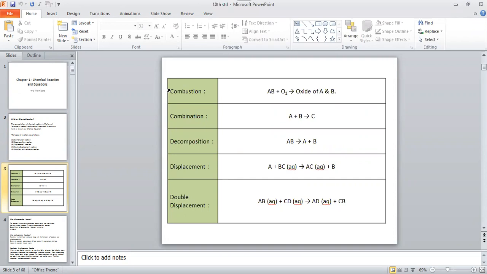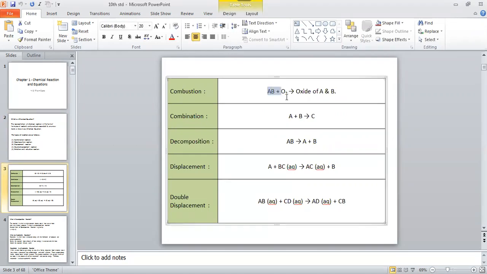Combustion means a reaction of a substance with oxygen molecules, so that the substance is converted into its oxide. So oxides of A and B are formed in the combustion reaction. The next type is the combination reaction. In a combination reaction, substance A combines with B and forms a new substance.